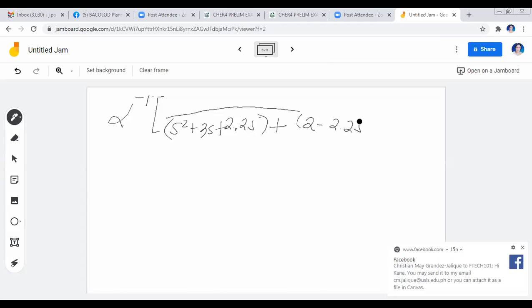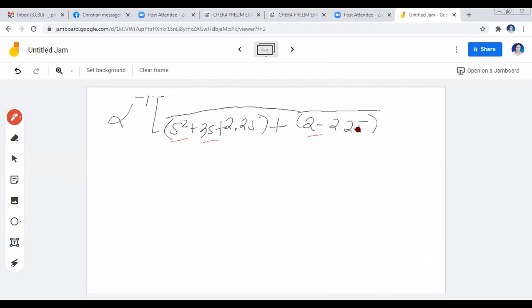Why do you need to subtract 2.25? It's because this 2.25 was added to make this a perfect square, and you want the original. The original only consists of the s squared, the 3s, and the 2. So what you added here, you subtracted here. Okay? Now, this is an alternative way of doing it.